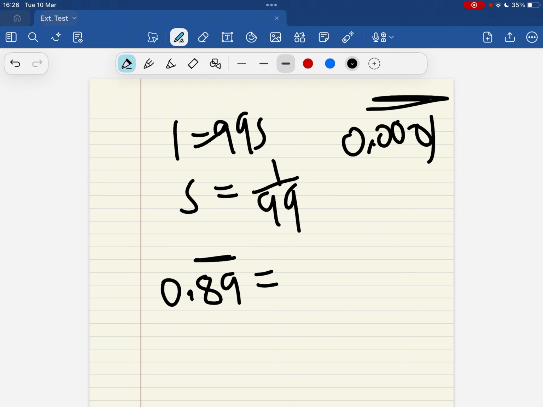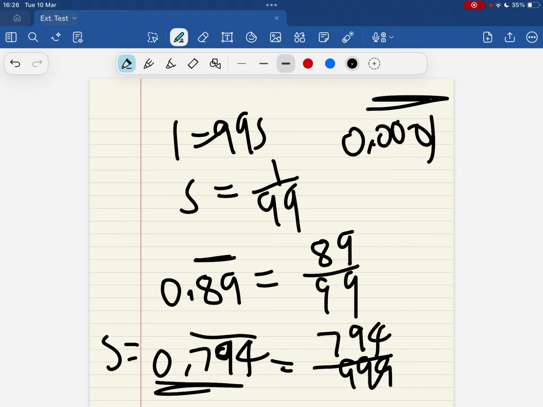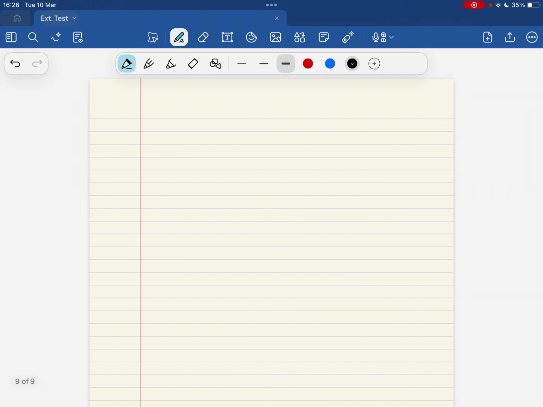That's equal to 89 over 99, right? Similarly, let's say 0.794 repeated. This number would just be equal to 794 over 999, okay? This is just a pattern you can remember, or you can derive it on the spot. You can let this be s, multiply both sides by 1,000, and then subtract the s's. You get 999 on the bottom, 794 on the top, or you can just remember it.